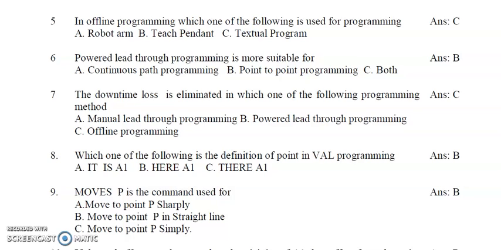C. Move to point P simply. So the answer is B. Move to point P in a straight line. In any programming, if S is added, then that movement must be in a straight line. Move is the move command and the S is added to move to that particular point in a straight line path. Answer is B.